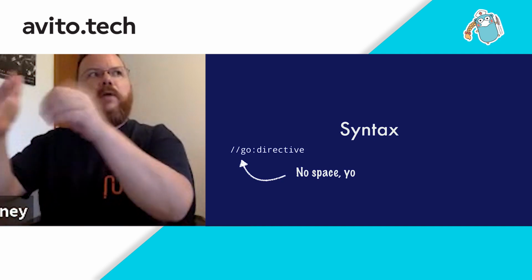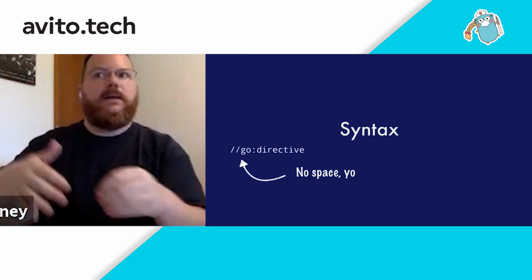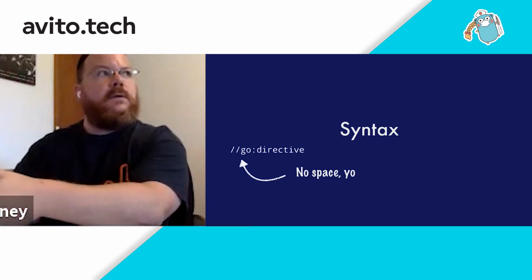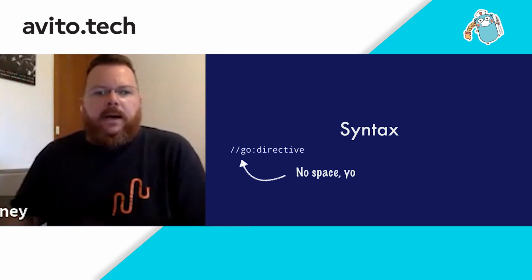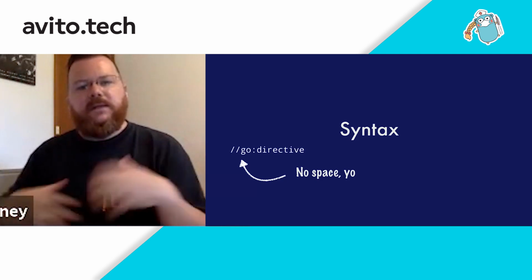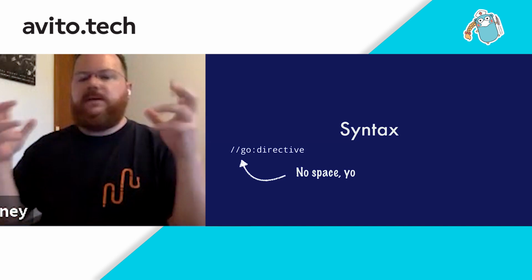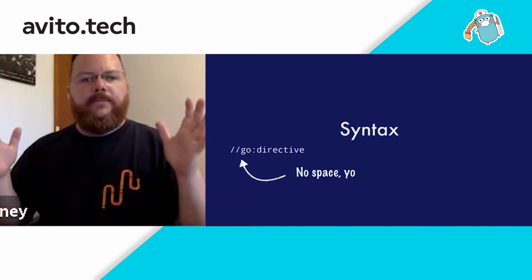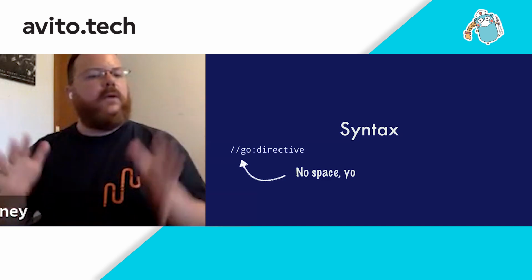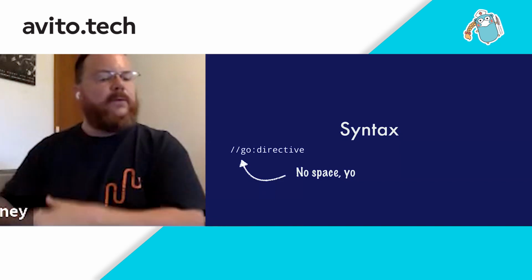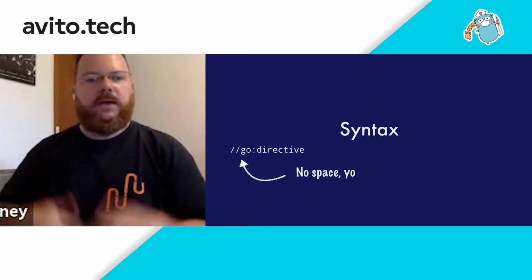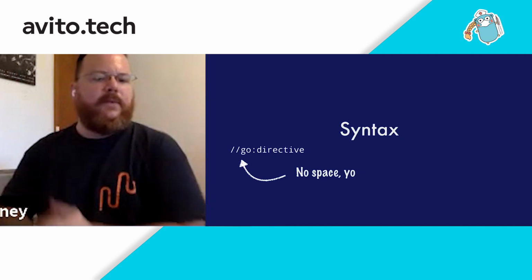So you could write a comment about this Go directive without it being interpreted as the directive itself. And the last thing is that because these are not syntax, they're just comments, you'll most likely not get a warning if you get them wrong. If you misspell them or you have a space where you shouldn't, not even vet is going to pick up on these things.